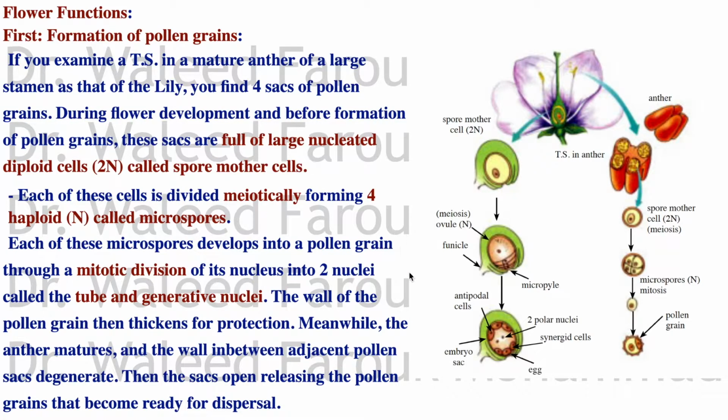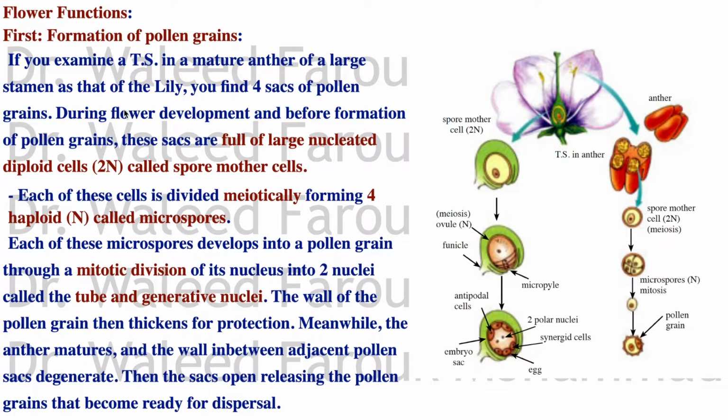Now, in the exam, you're asked to draw the stages of formation of pollen grains. Please pay attention to this, because in the exam, you may confuse formation of pollen grains with pollination of the grain. So you should read the question carefully and know what is requested precisely.